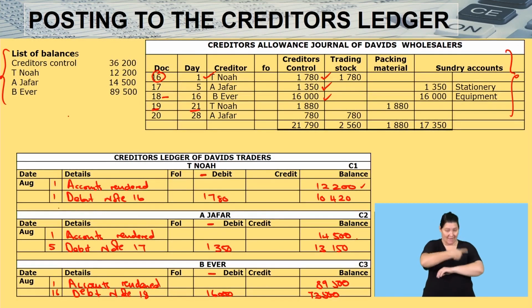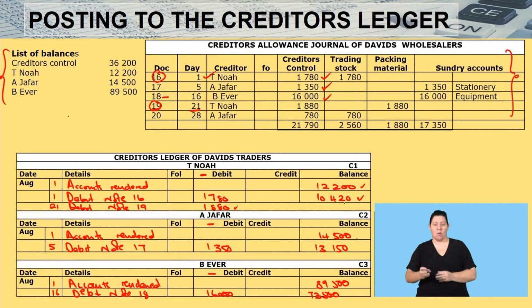The next one on the 21st, to T Noah. On the 21st, so I'm coming here and I'll say 21 here. It is another debit note, and it is debit note number 19. Here is 19. How much was that for? 1,880. You will now say 10,420 minus 1,880, and you will get an amount which is 8,540.